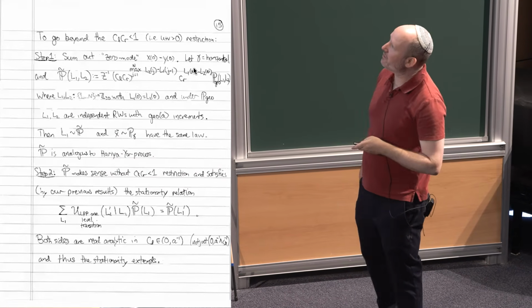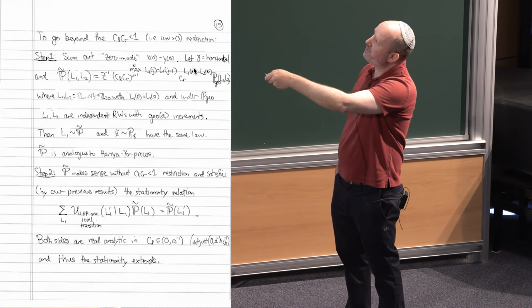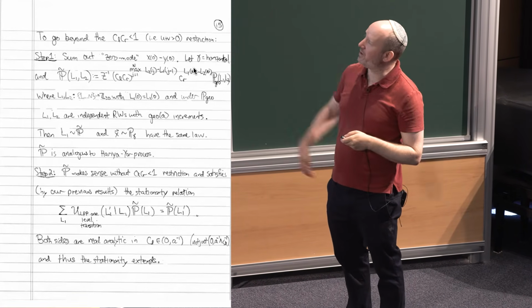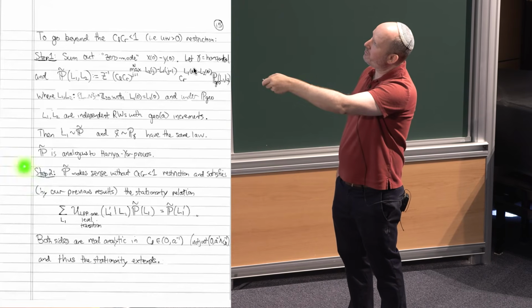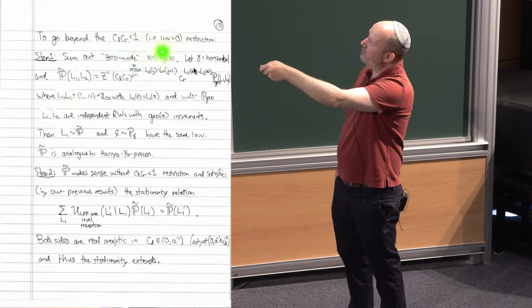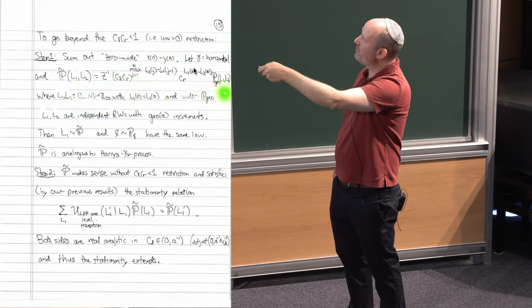The integrating out step is quite simple. It's basically this gamma integral that I wrote down before. It gets replaced by just a geometric sum, and you can sum out the zero mode, which is equivalent to x of 0 minus y of 0, and it gives you an expression which is similar in flavor to the one that I wrote in terms of this general u and v.